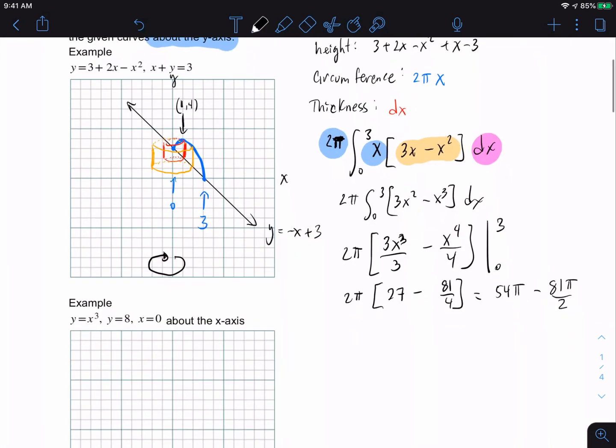And then I can clean that up. So that should clean up to be, is that 27 pi over 2? And then we need to be in units cubed. Okay?